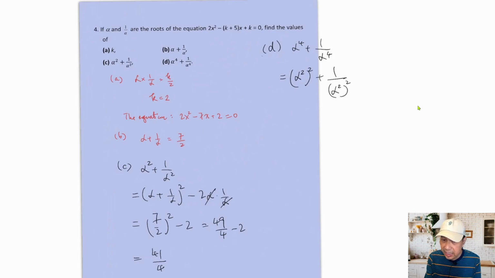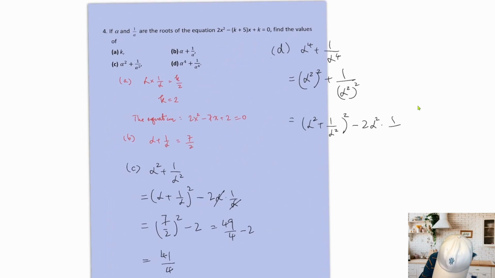Do exactly the same thing as in part C. That is alpha squared plus 1 over alpha squared, squared, minus 2 alpha squared times 1 over alpha squared. You try to relate this part and this part.